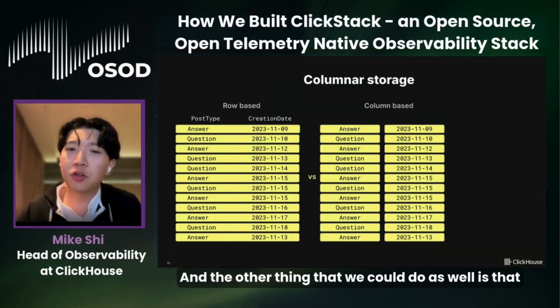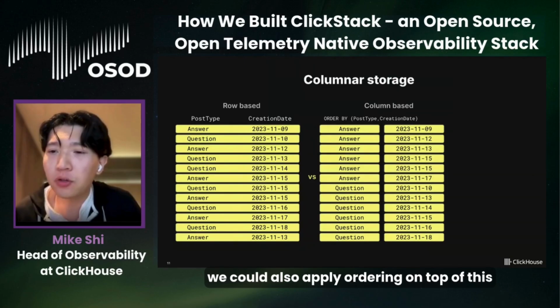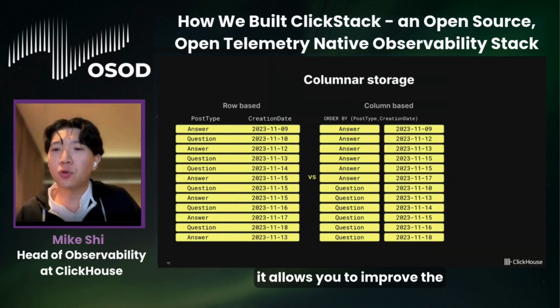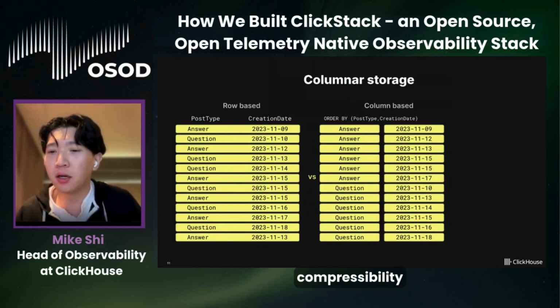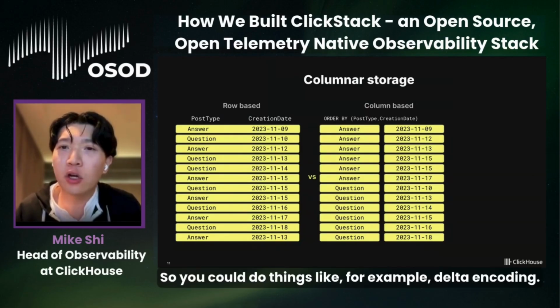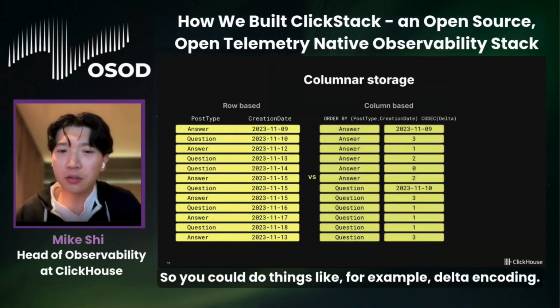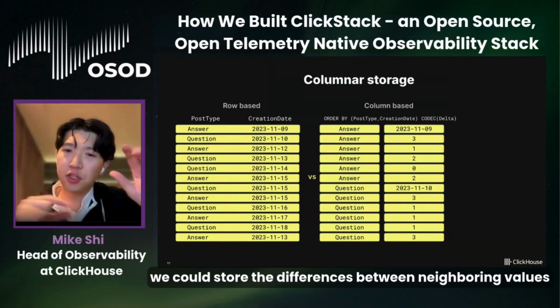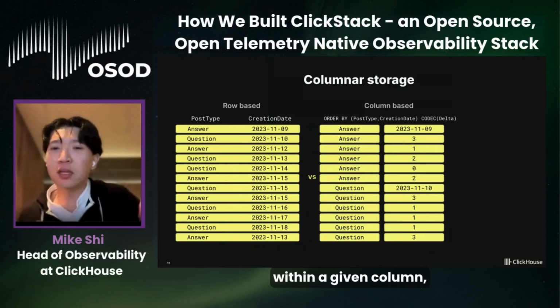And the other thing that we could do is apply ordering on top of this data. When you apply ordering on top of this data, it allows you to improve the compressibility of this data as well. So you could do things like delta encoding. Instead of storing the entire value, we could store the differences between neighboring values within a given column.